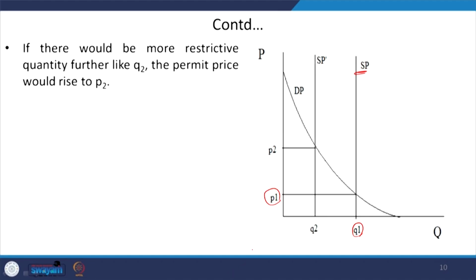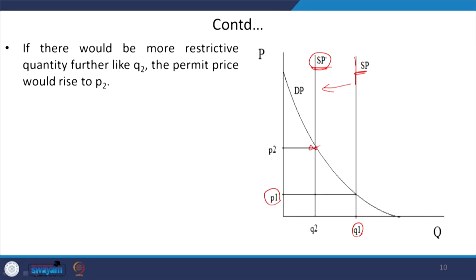So, if the government is taking some restrictive measure, reducing from the original state of permit SP, and now it is reducing further, then the equilibrium quantity will be determined by the intersection point of this supply curve, this is SP dash, with the demand curve of the pollution permit.